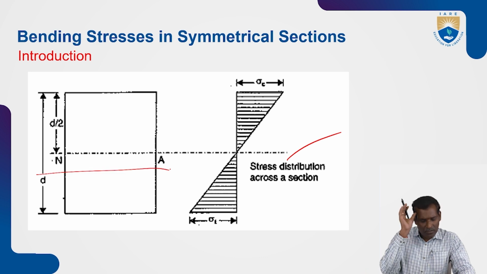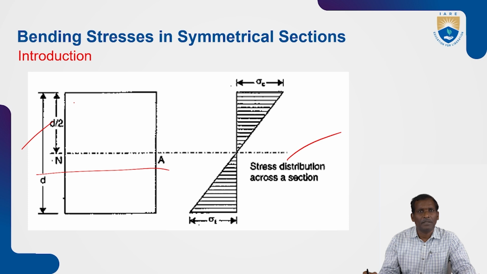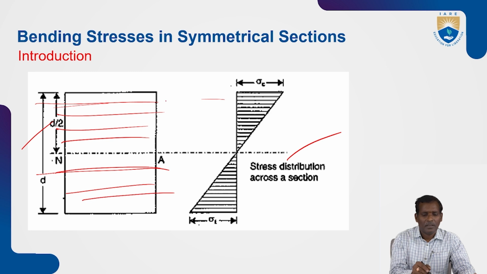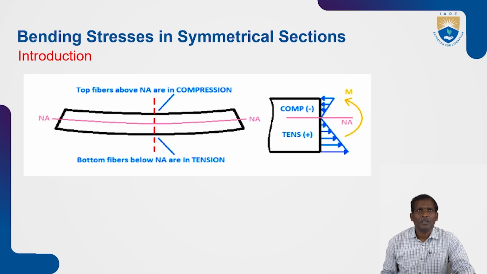The neutral axis is at a distance of half of the depth, and the stress distribution along this section is shown in this figure. The bottom fibers below the neutral axis are in tension.